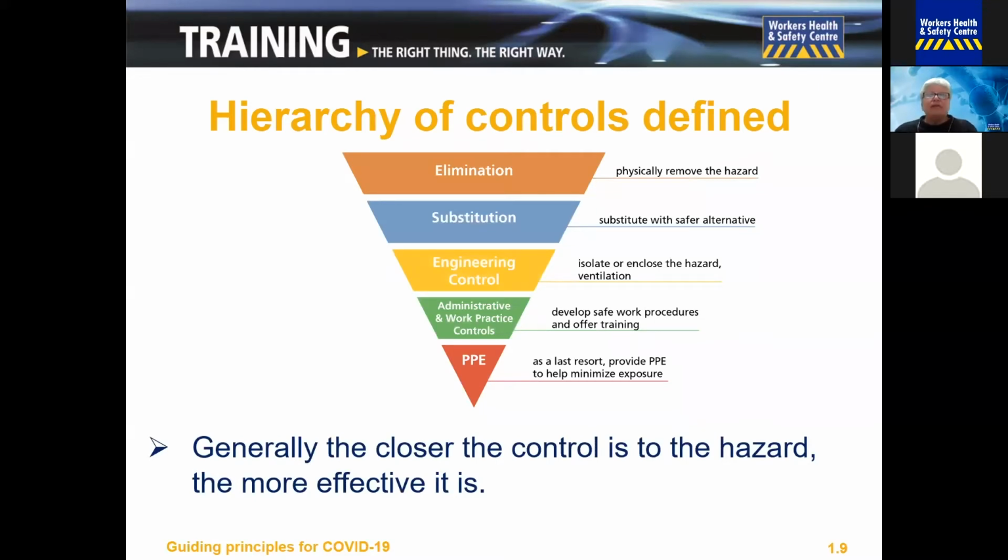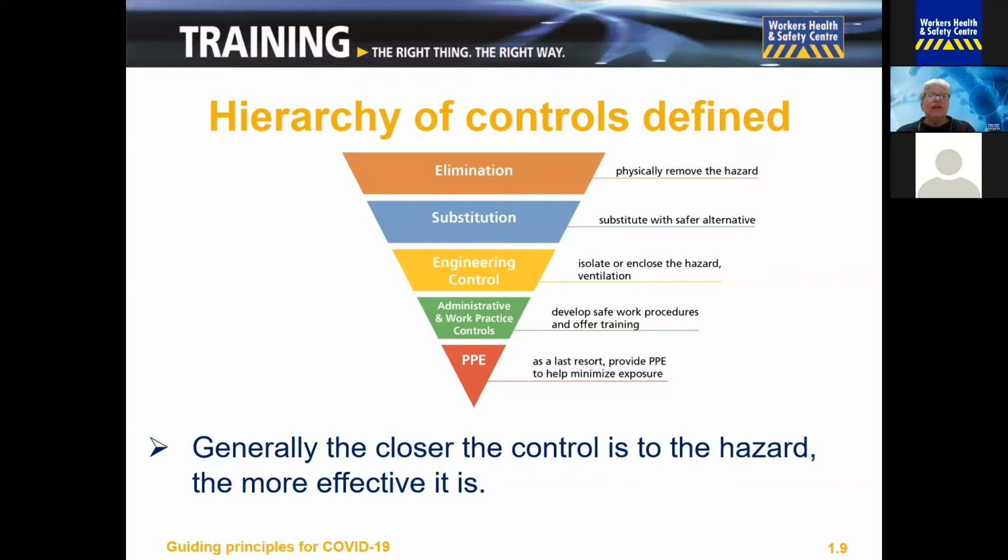The hierarchy of controls begins with eliminating hazards at their source, such as substituting with safer alternatives or processes. When the hazard cannot be eliminated, controls must consider all the pathways of the hazard and attempt to establish controls between the hazard and the worker.